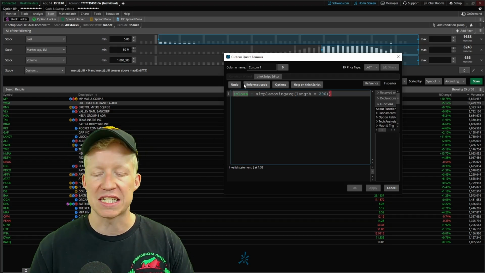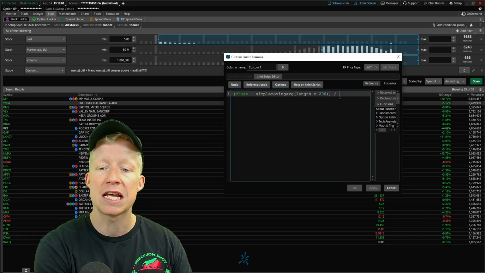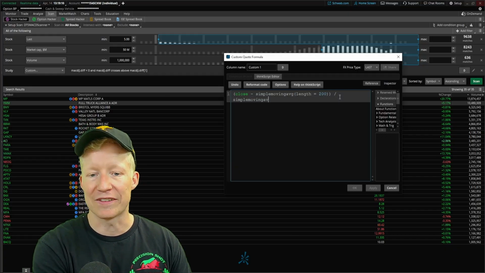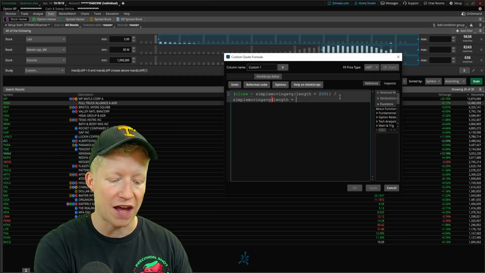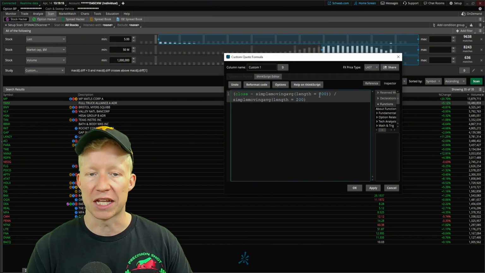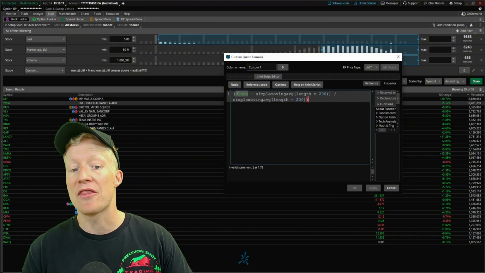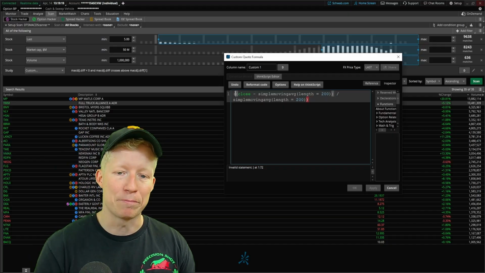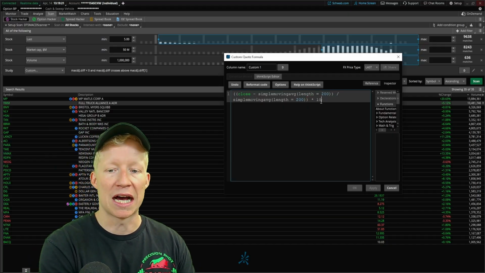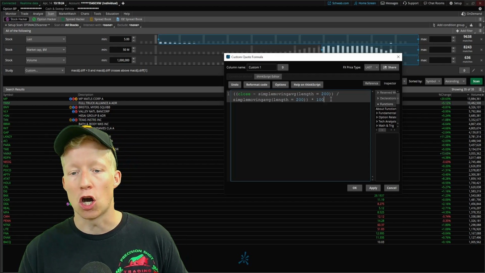I will then wrap this entire equation in parentheses so that the entire thing is divided by, once again, that original value of simple moving average length equals 200. Wrap this entire equation in parentheses and then multiply the entire thing by 100.